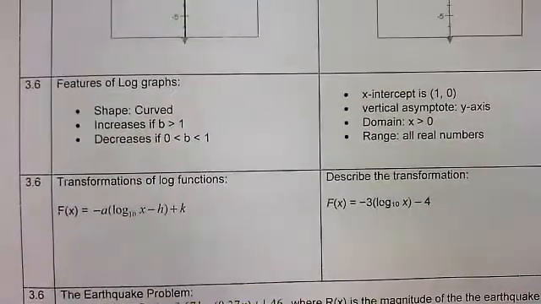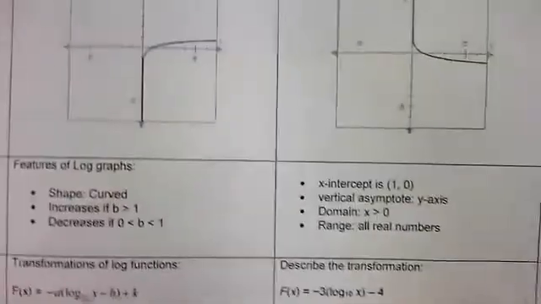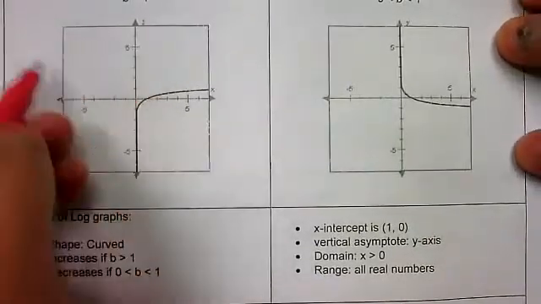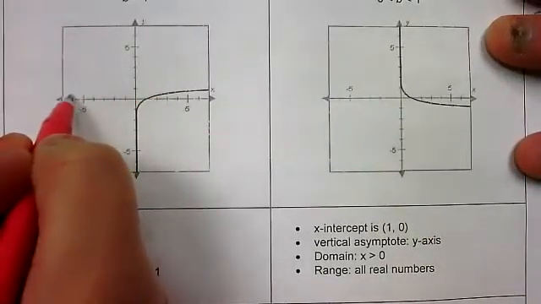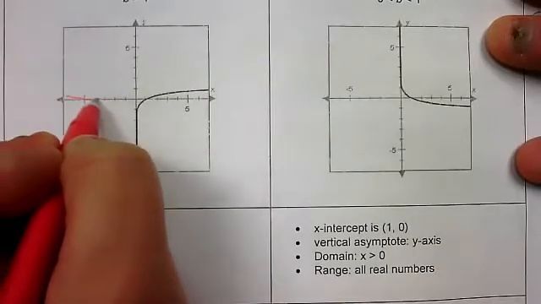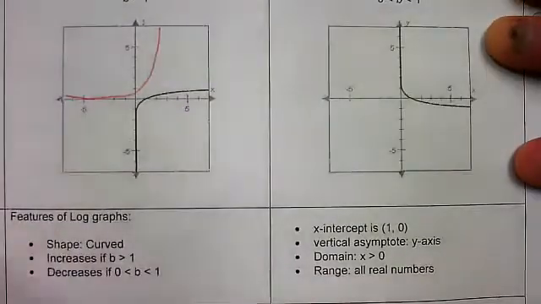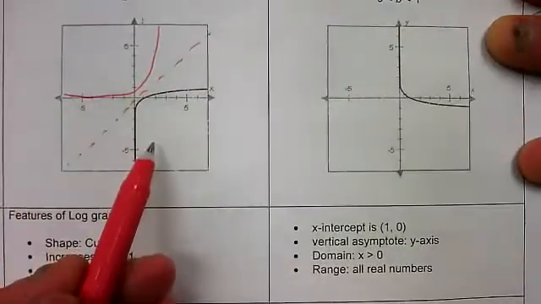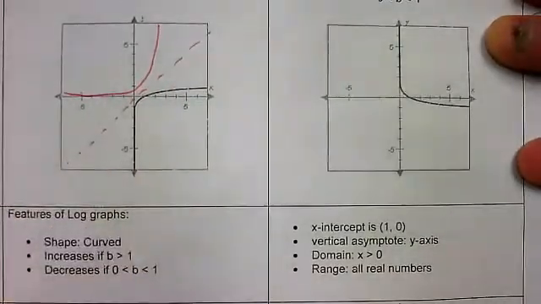So let's take a look at the graphs of log functions. This is an increasing log graph. Remember that for an exponential graph, exponential growth looks like this. When you take that and do the reflection over the line y equals x, this is the log graph you get.